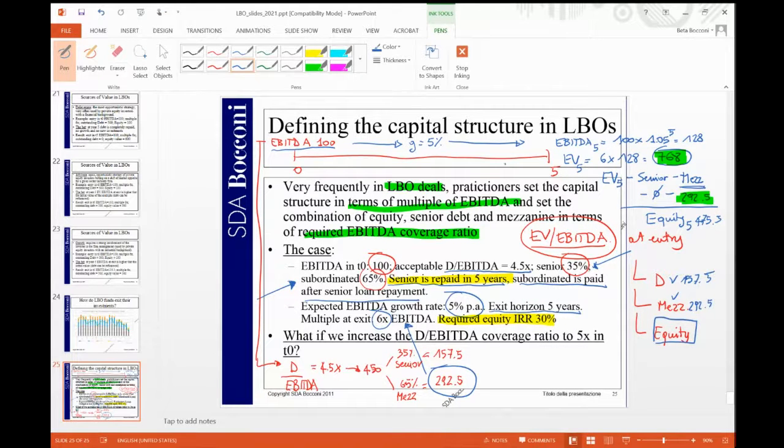So you have an equity value in T5 of 475.5.